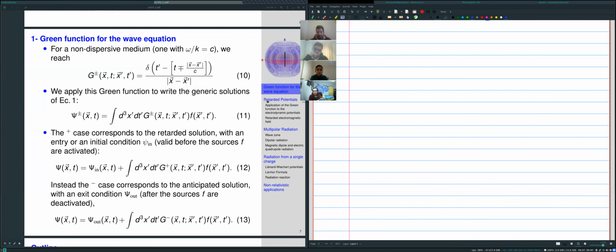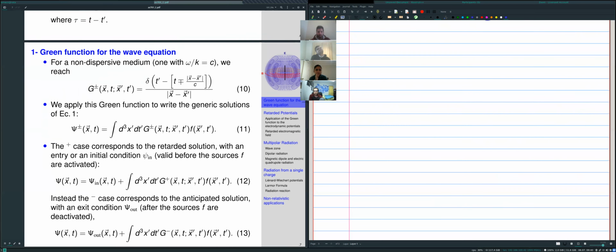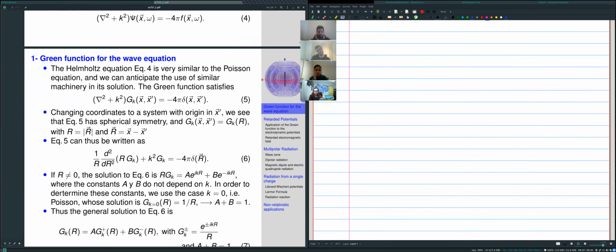Okay, so phi in here is either a component of the vector potential, or the electric field, or one component of the electric field, or one component of the magnetic field. It's a generic way to write it like this.